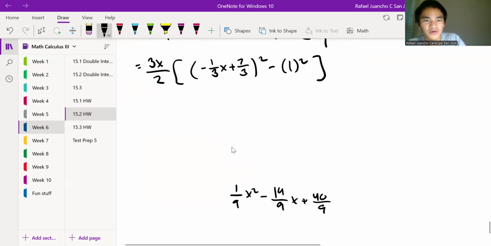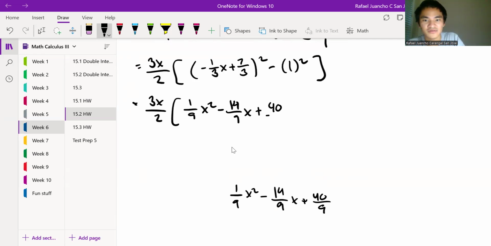Okay, so here we have 3x squared. This one, I could even factor out the 9 now that I think about it. 1 over 9x squared minus 14 over 9x plus 40 over 9.